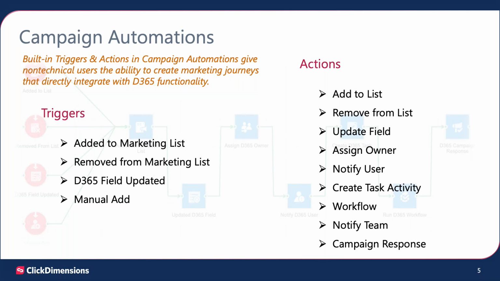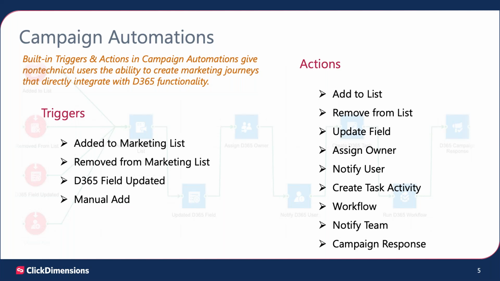You can add them to a list, you could remove from a list, you could update a field in Dynamics 365, which I think is a really powerful feature. You could assign owners, assign teams, notify users, create task activities, fire off even a Dynamics 365 workflow.